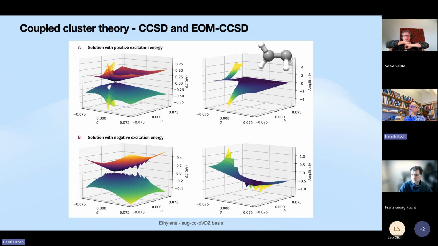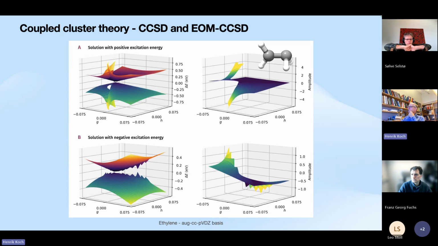So this is exemplified here. We actually have two kinds of solutions here. We have those with positive excitation energies, that is A. And you see as we go around a circle of the conical intersection, we get very strange behavior. And what happens there is actually that the amplitudes, or one of the amplitudes, become very large.